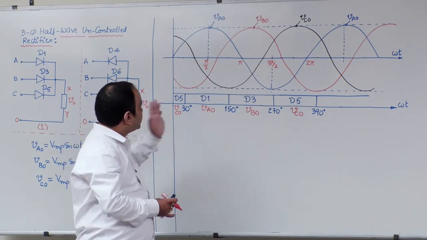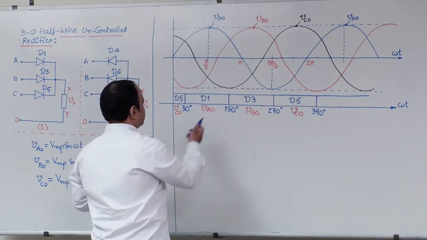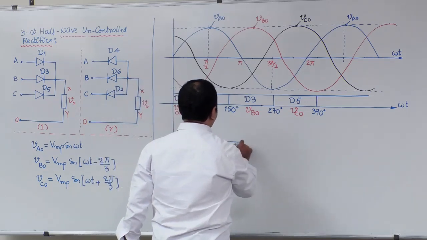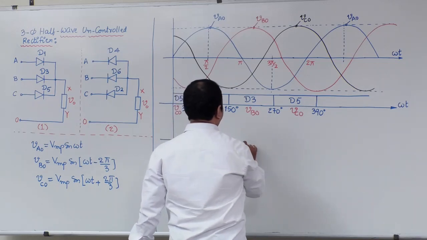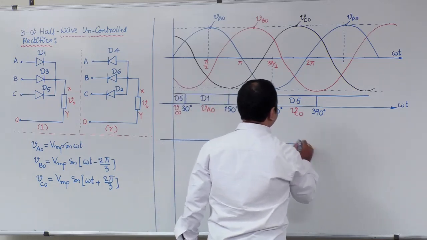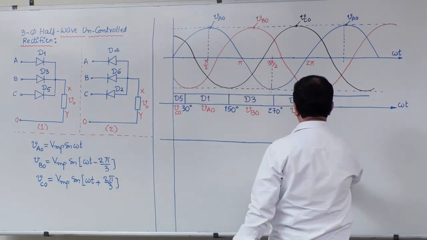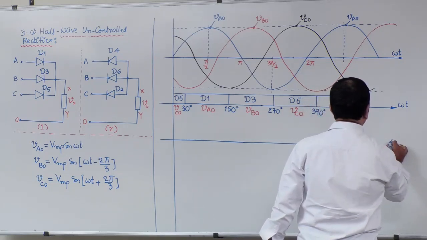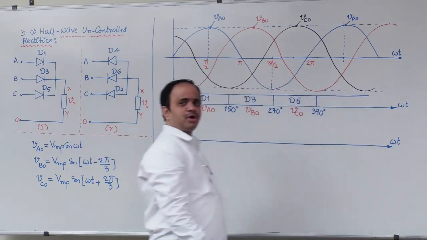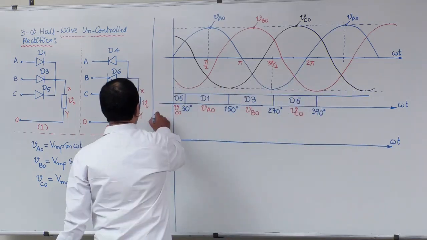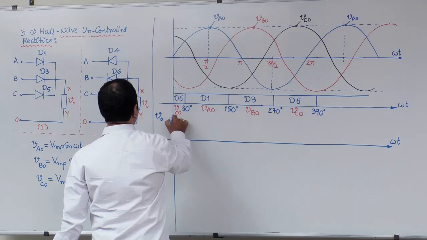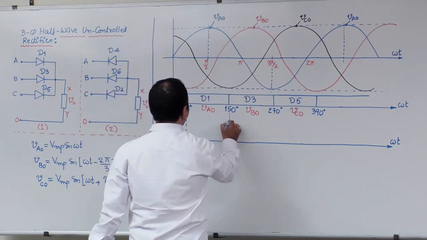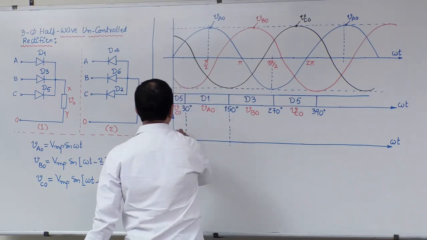Once you have this diagram, the next step is very simple. You need to look into the corresponding source voltage waveform and then plot it at the load side. So now I am going to draw the output voltage waveform for 30 to 150 degree.